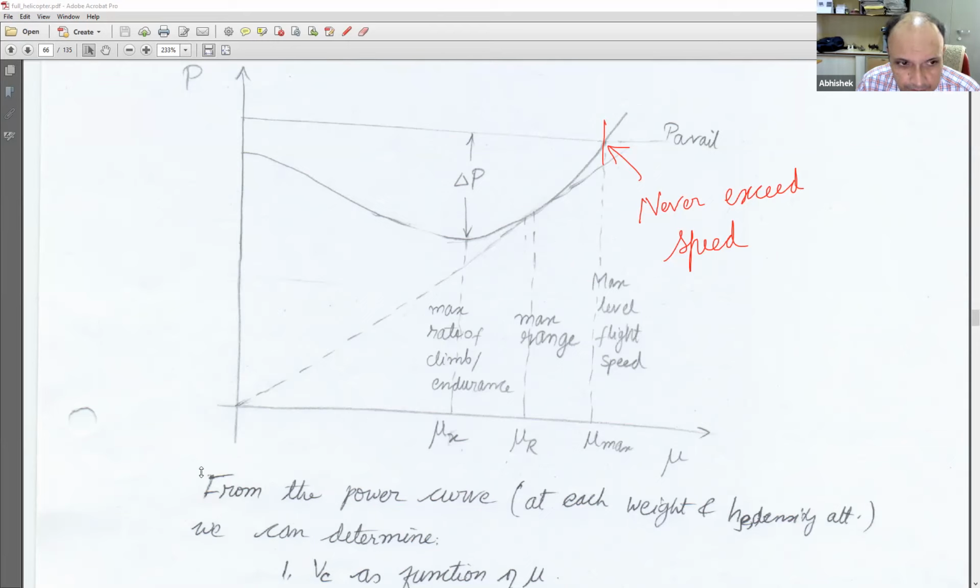Are you getting my question? Are you there? Hi, sir. Yes, sir. So my question, I mean, you heard my question. Can you repeat it once again, sir? The question is, what factor does endurance of the helicopter depend on? What physical characteristics or parameters are going to determine the endurance of a helicopter?